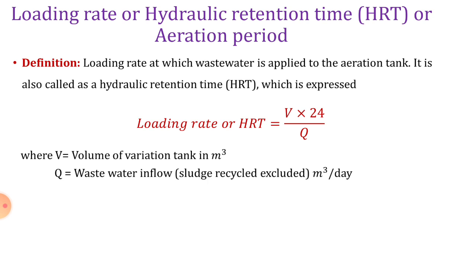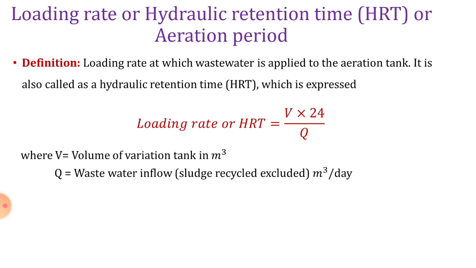The rate at which the wastewater is applied to the aeration tank is called the loading rate. It is also called the hydraulic retention time, which is expressed as follows. Loading rate or the HRT is equal to V into 24 divided by Q, where V is the volume of the aeration tank in meter cube.